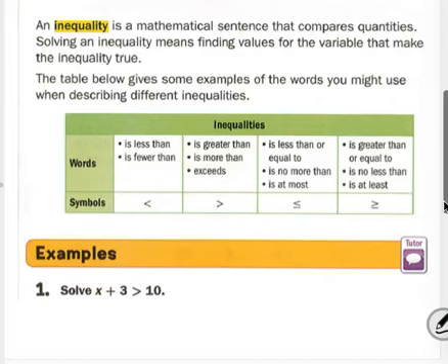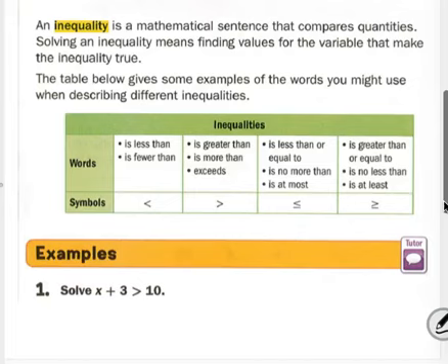So this is the table you want to refer to when we have word problems and we need to construct our own inequality. Anytime you see less than or fewer than, you're probably going to use the less than symbol. Is greater than, is more than, exceeds, that means you're going to use the greater than symbol. Those are both indications where the value you're speaking about doesn't count in your number set.